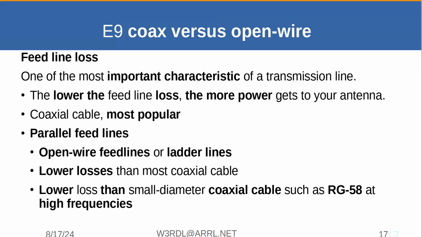Twin lead is affected by what it's close to. So when you used to run the 75 ohm twin lead up to your TV antenna, you had to put standoffs on the house so it didn't get close to the gutters and various things. With coax, you can bury it in the ground if you've got direct burial covering.